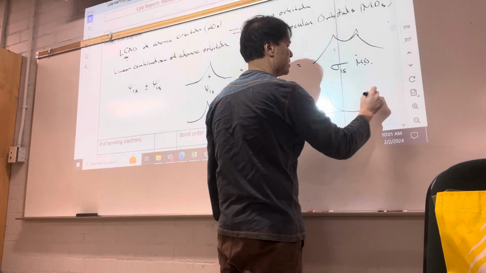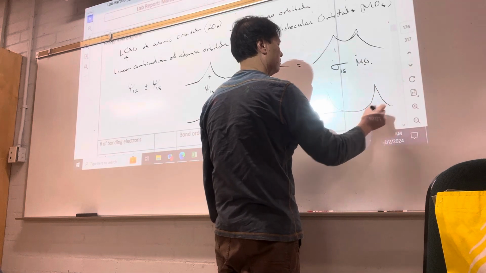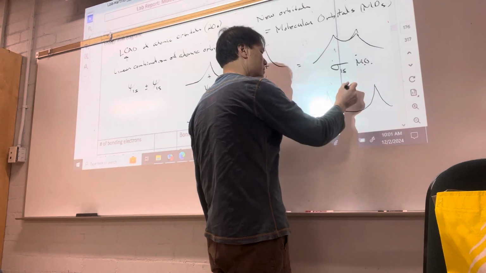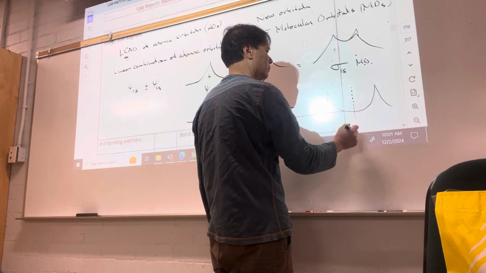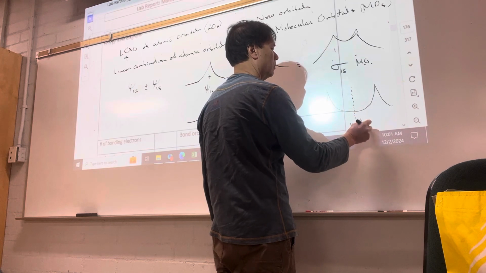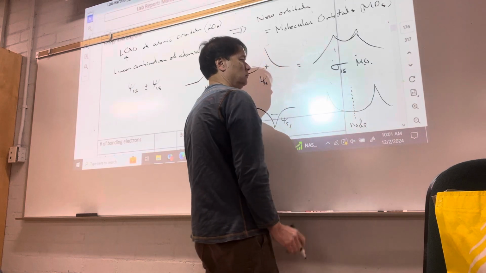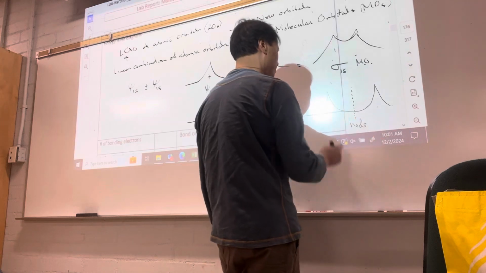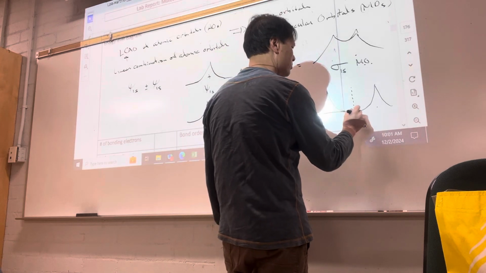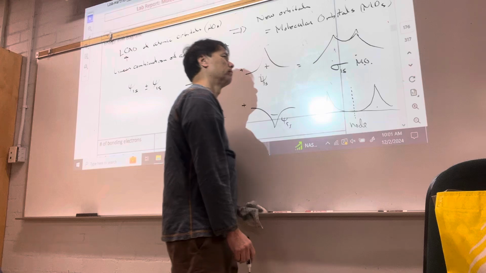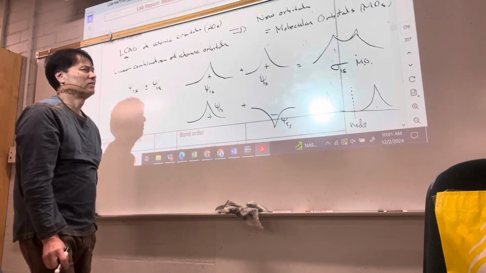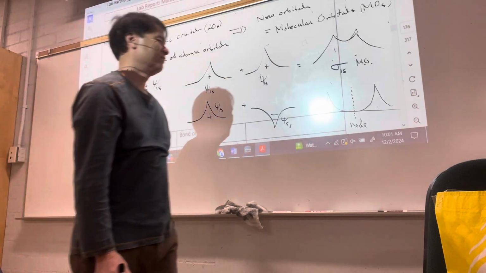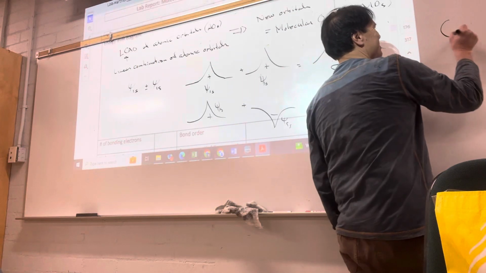In terms of the psi squared, there's going to be a node here between the two nuclei. The node is a region of zero amplitude.